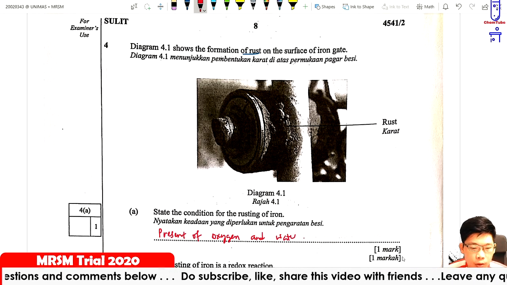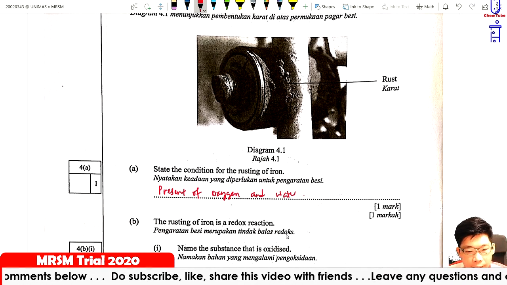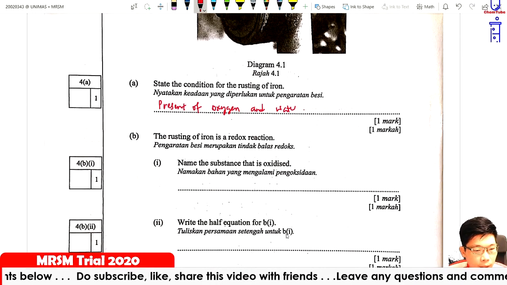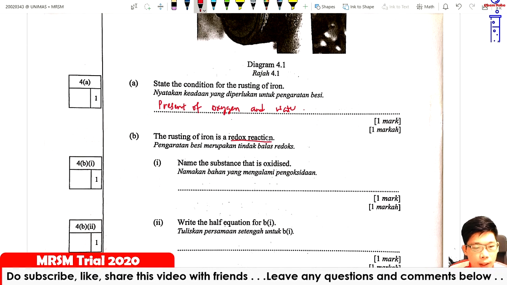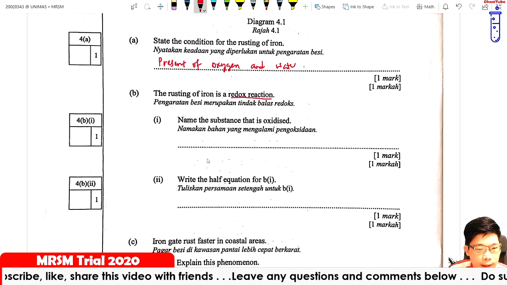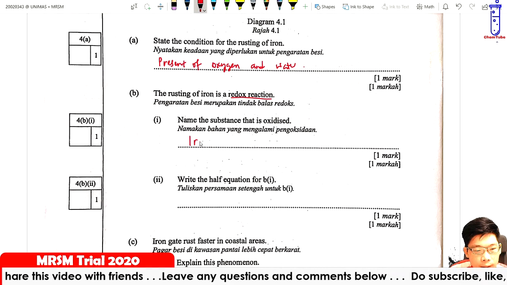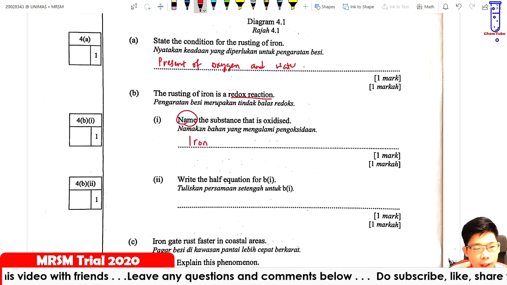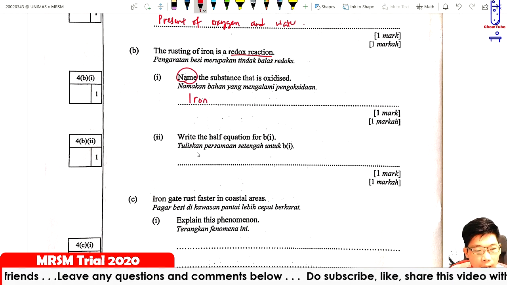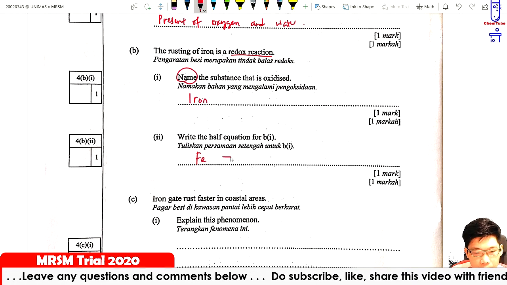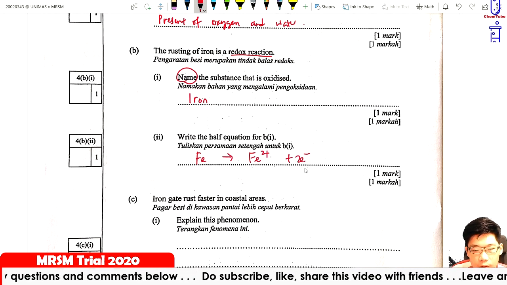These are the 2 conditions that the rusting of iron can occur. B, rusting of iron is a redox reaction. So name the substance that is oxidized. For oxidation, it is iron that is oxidized. You have to give the name, cannot give the formula. Write the half equation. So iron undergoes oxidation, oxidation number increases, lost 2 electrons.